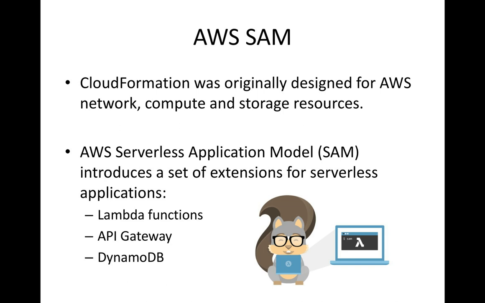And when CloudFormation was originally designed, it was intended to orchestrate traditional AWS resources, things like VPCs, networking, compute, and storage. And then over time, AWS has evolved these different serverless resources and components. And the serverless resources don't fit as well in the traditional CloudFormation template model.